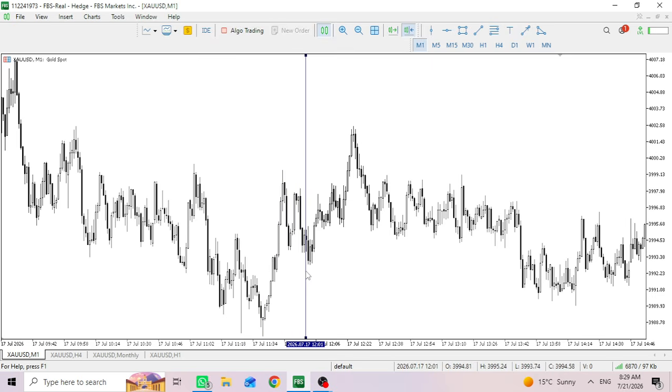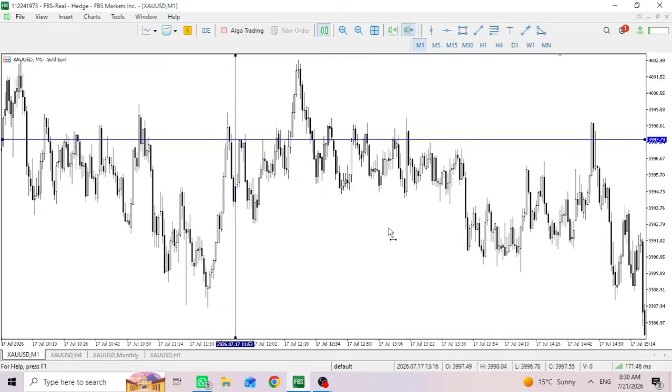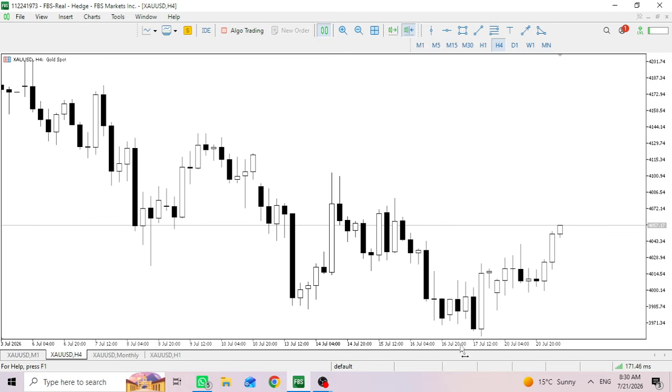The 12:00 candle opened here. Where are the first 10 minutes? Here. So I will mark the high of the first 10 minutes. It was there. The high of the first 10 minutes of this 4-hour candle, this one. This is a selling 4-hour candle.